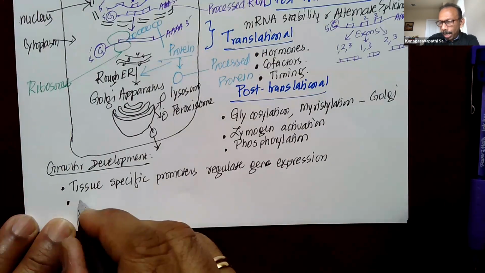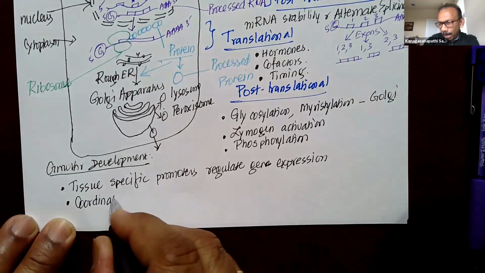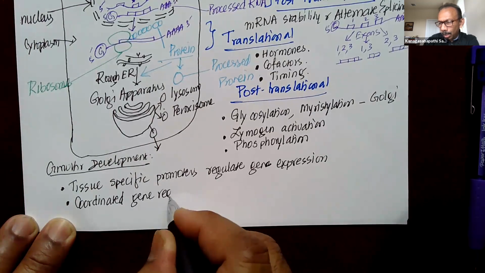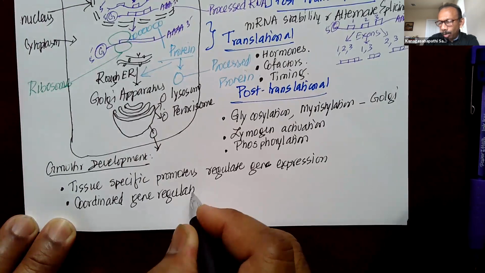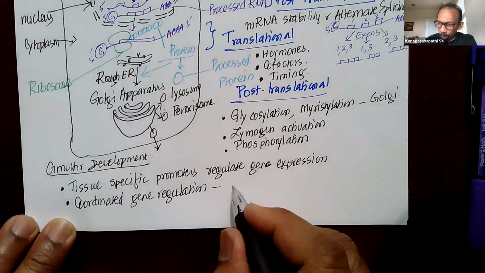Then coordinated gene regulation is important. The genes involved in a particular pathway need to be regulated.